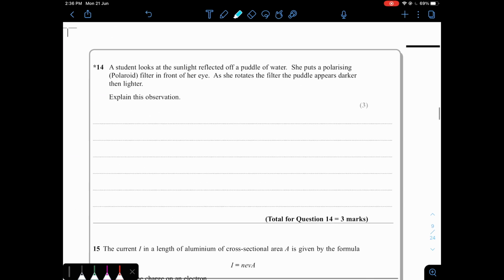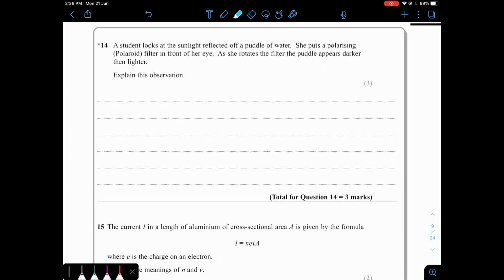Alright. Question number 14. A student looks at the sunlight reflected off a puddle. She puts a polarizing or polaroid filter in front of her eye. As she rotates the filter, the puddle appears darker then lighter.